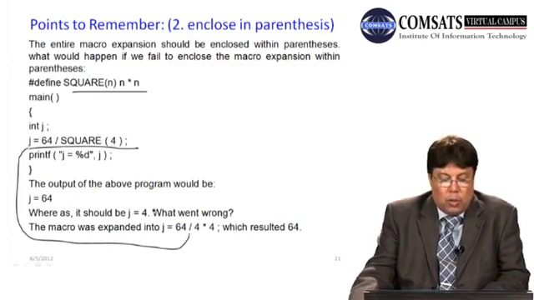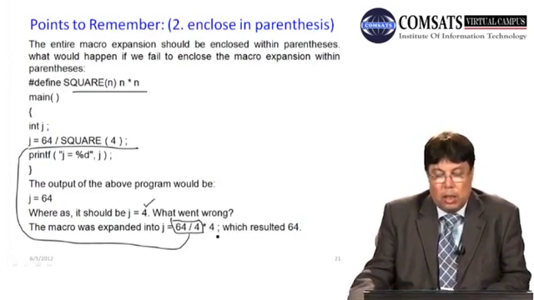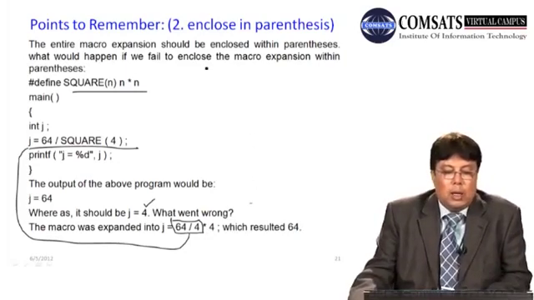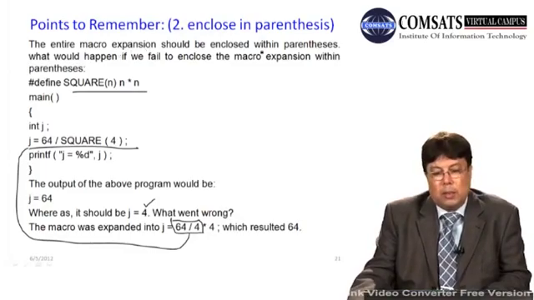The actual answer that you expect is 4, but since you have not enclosed it in the parentheses, it has broken up here. The system will break it up like this, here and here, so you will get the wrong answer. So the point to remember is the entire macro expansion should be enclosed within the parentheses.